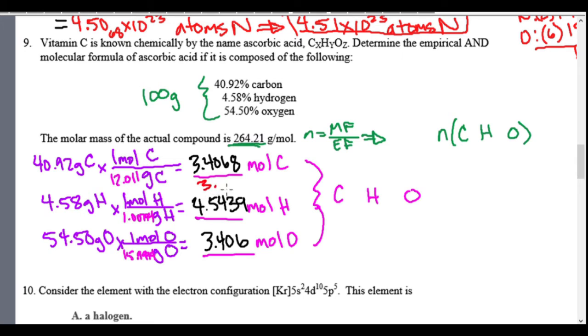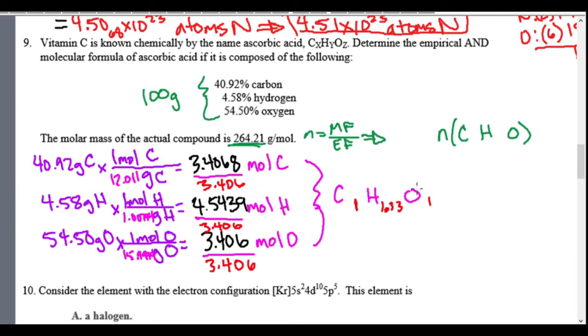Okay, anyways. So we're going to divide everything by 3.406. That's going to give us C1, H 1.33-ish, and O1. If you remember right, none of the formulas that you've seen or will see this semester are going to deal with point something.